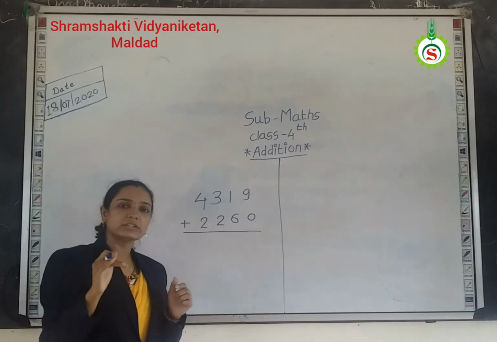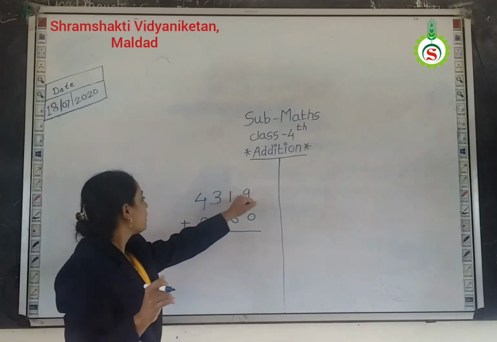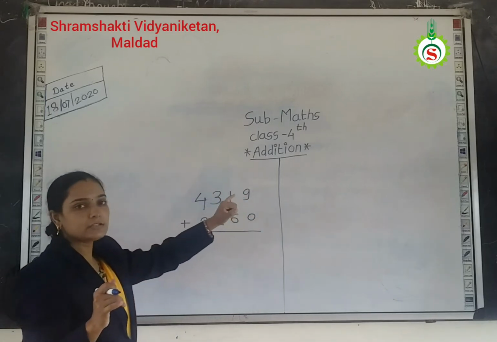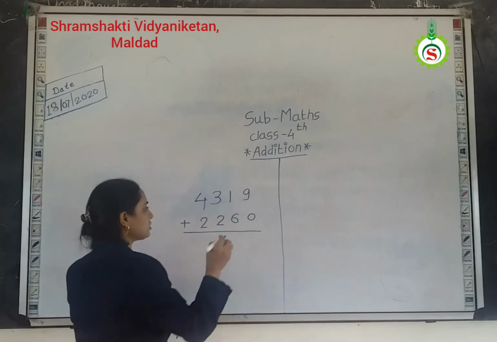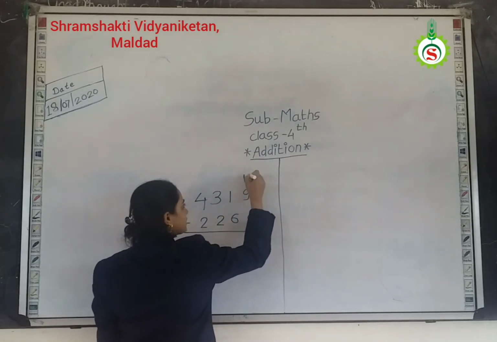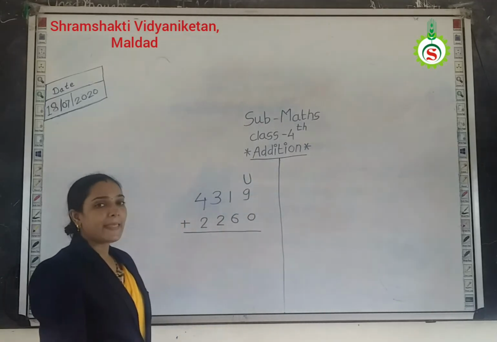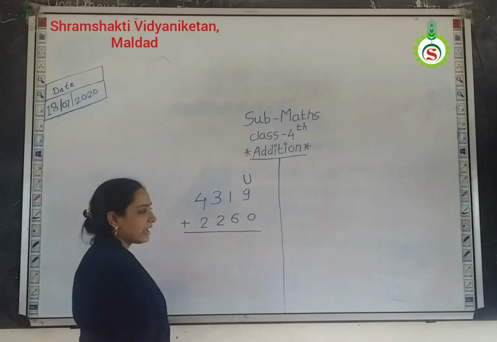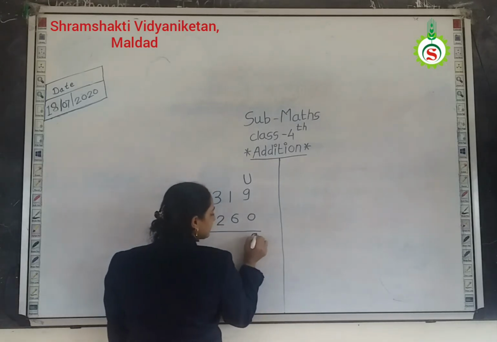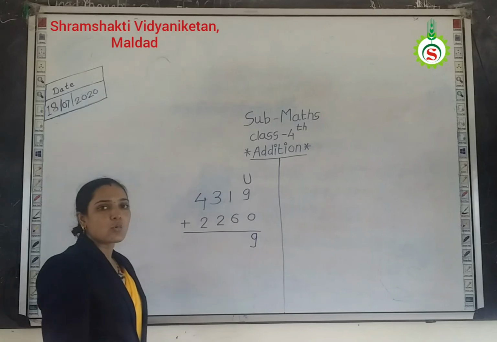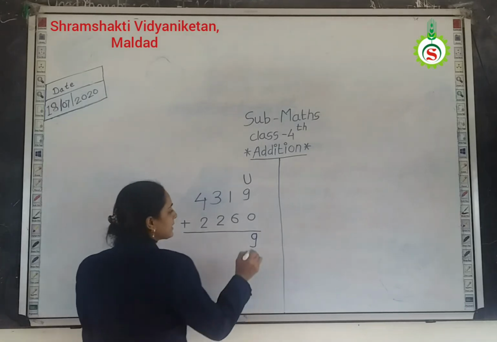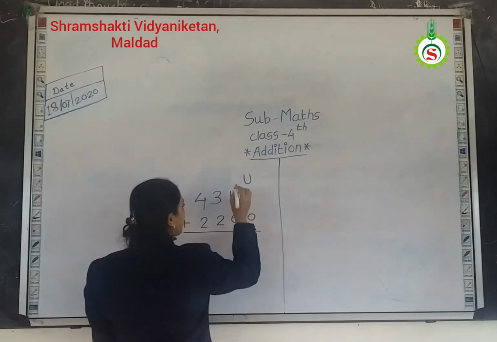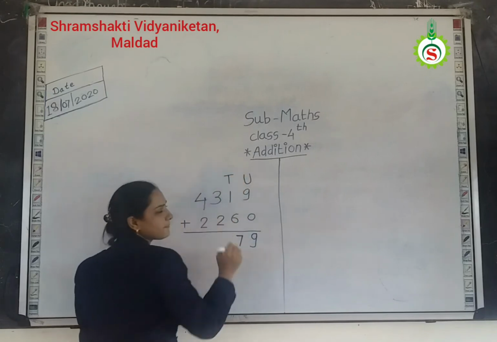According to 3-digit addition, take first the units place addition. Here units, students, 9 plus 0. Correct, 9. Then 1 plus 6, 7. This is at the tens place.